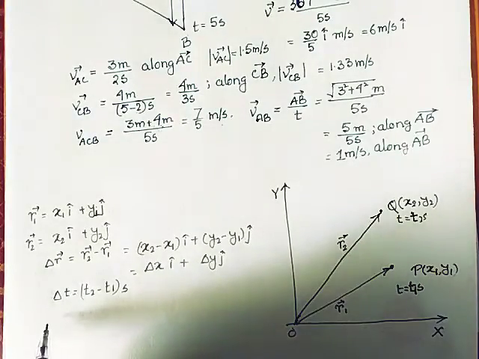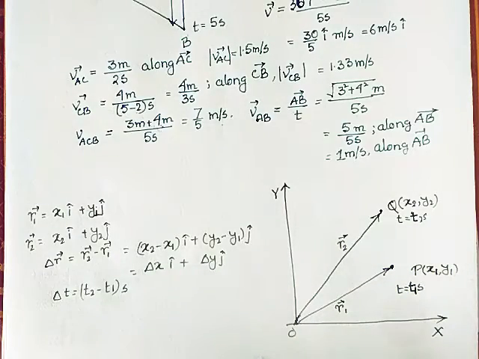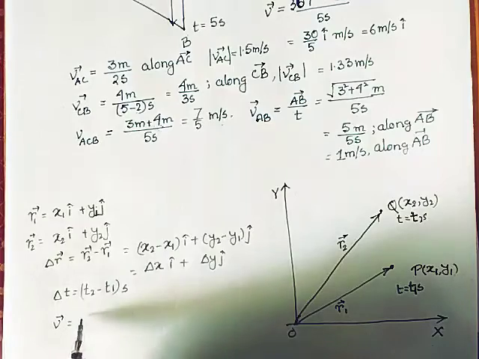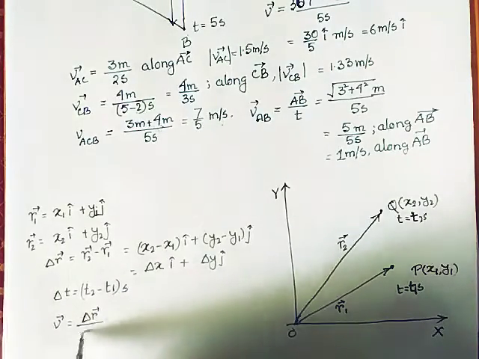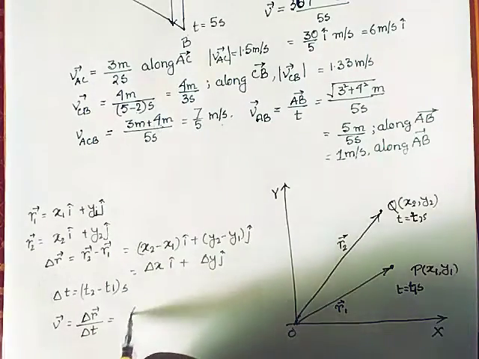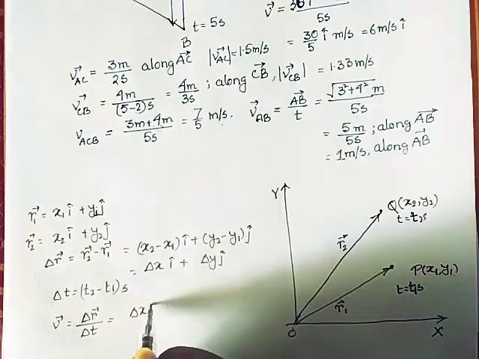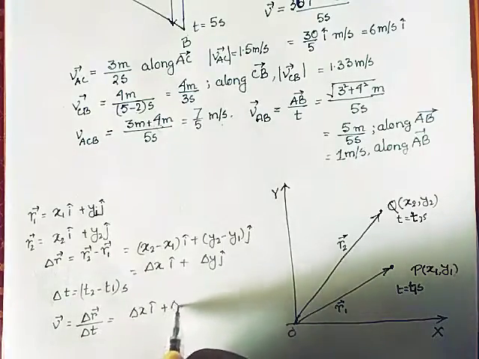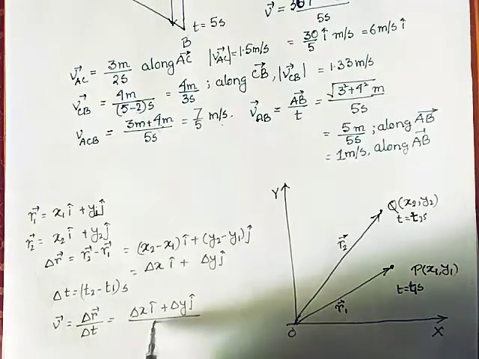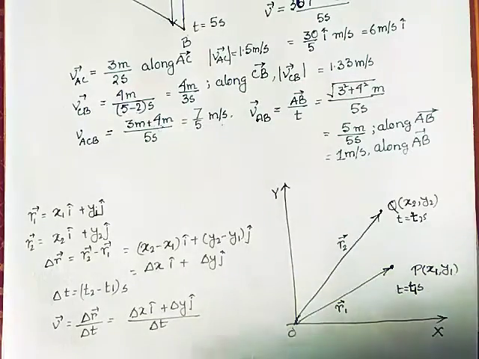So the velocity can be defined as the displacement, here denoted by the change in position vector, divided by the time, and that will be del x i cap plus del y j cap divided by del t.